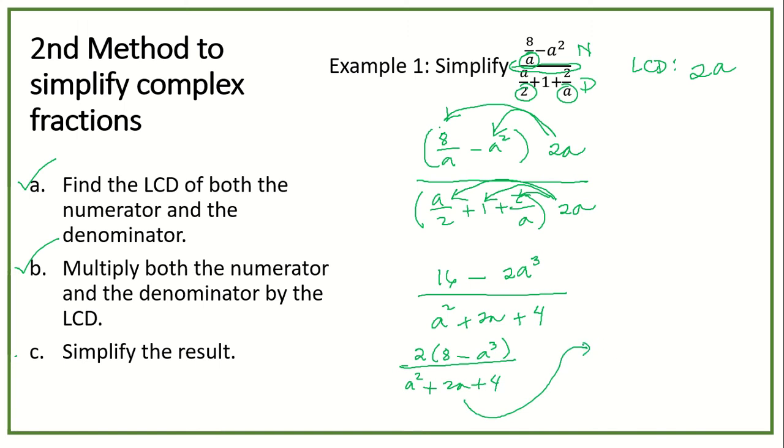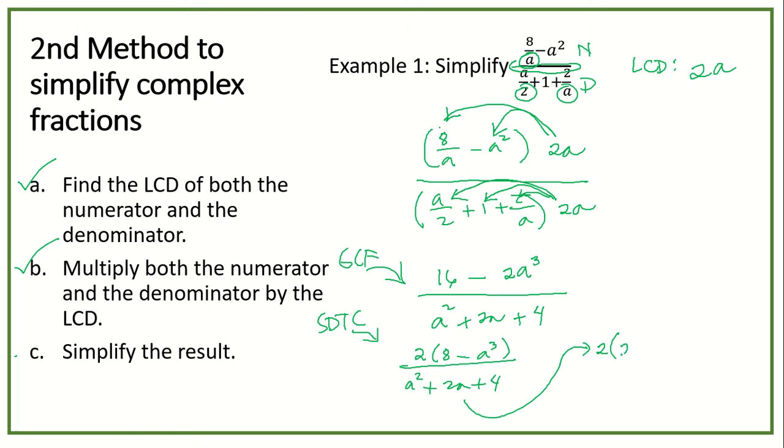In which you can factor out 8 minus a cubed using SDTC. So dito, nag-GCF tayo. So SDTC dito, si 8 perfect cube, si a cube din perfect cube, minus.